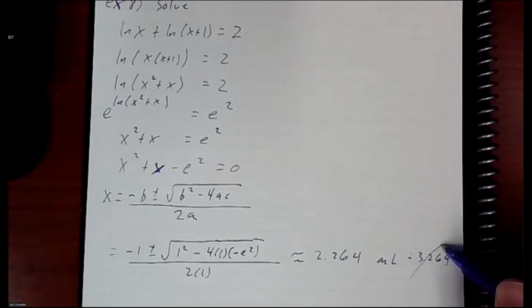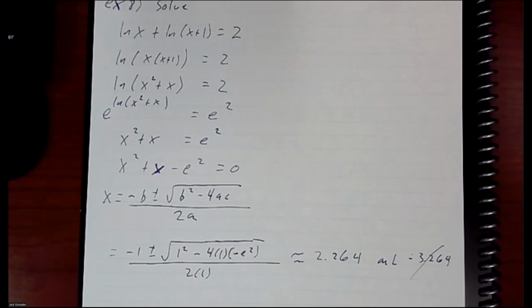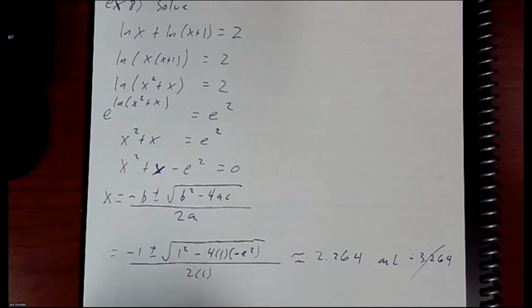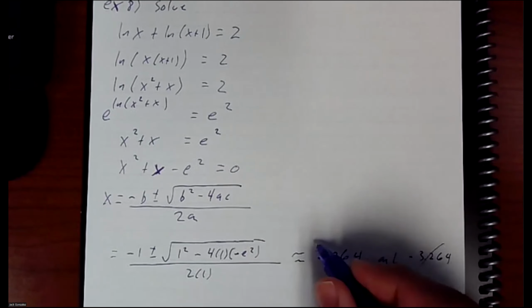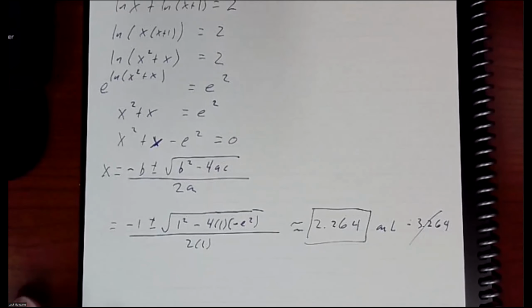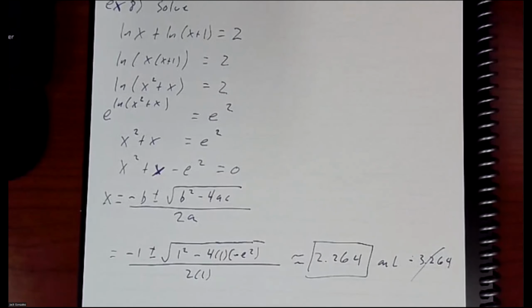So right away you can rule this guy out. So the only one you have to really test is this one, but that's fine. Any questions on this problem? I don't know if it's going to be a weird question, but oh well. That was number 20 in your homework.